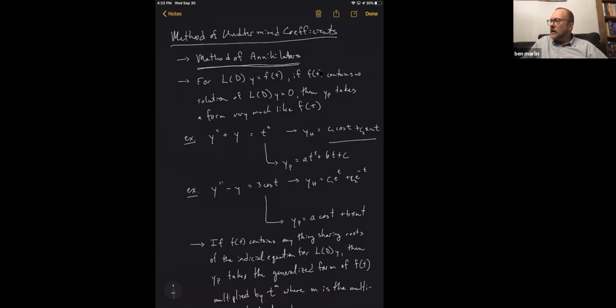On the other hand, our f of t sitting over here is a polynomial. Now, the r for your sines and cosines was plus or minus i, okay? And the polynomial, if it had been a part of the y sub h, would have to come from r equals 0. So the t squared, a polynomial, is fundamentally different than the trig functions, the sine and cosine. They come from different roots of the initial equation.